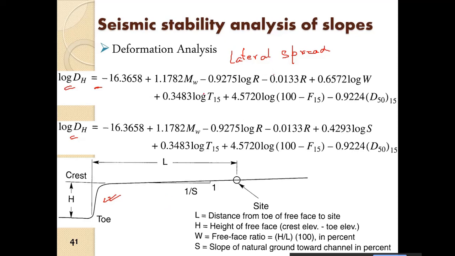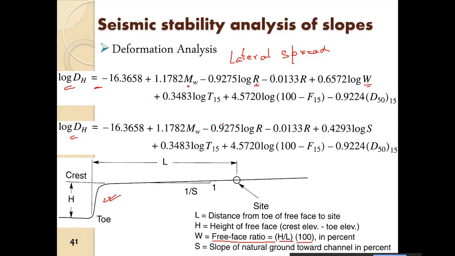Here, MW is the magnitude of the earthquake, R is the horizontal distance from the seismic source. Then W is what they have defined as the free face ratio, which is H by L into 100.